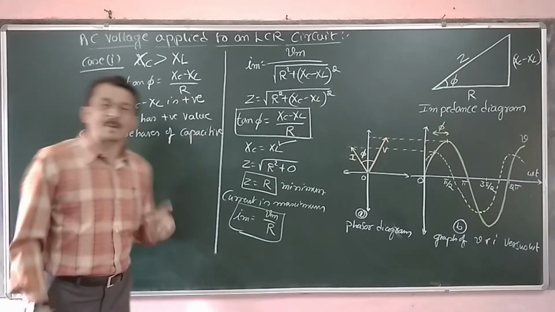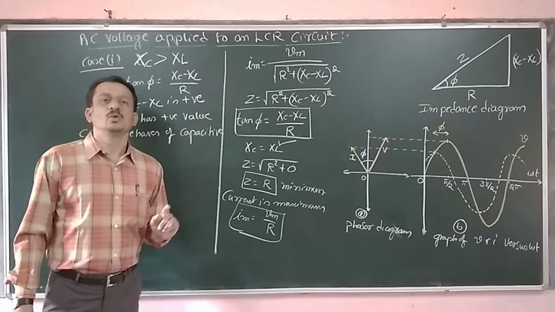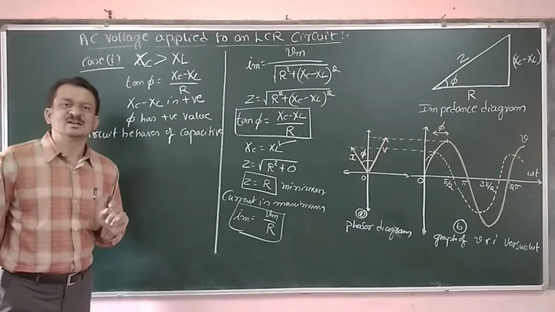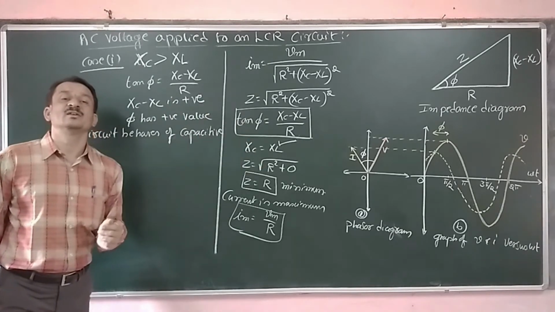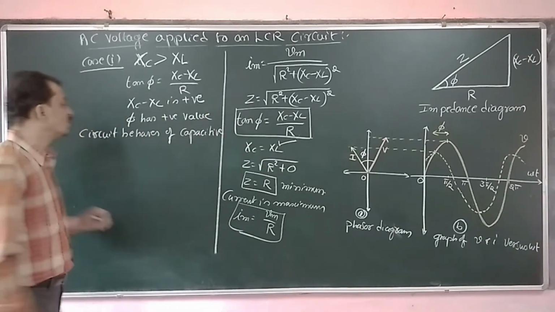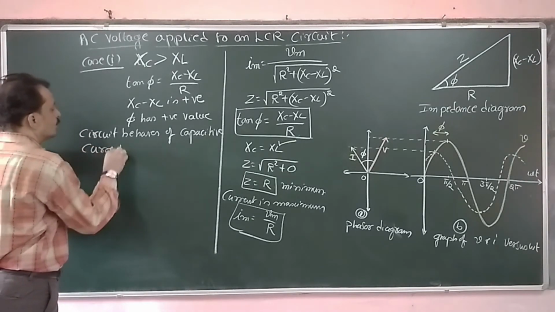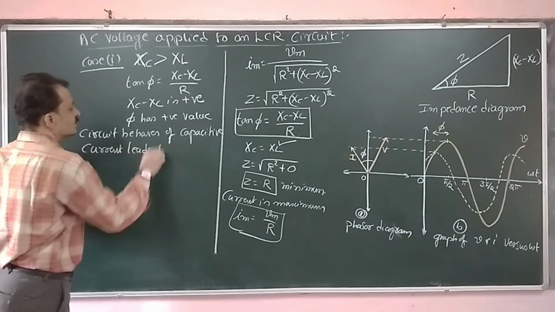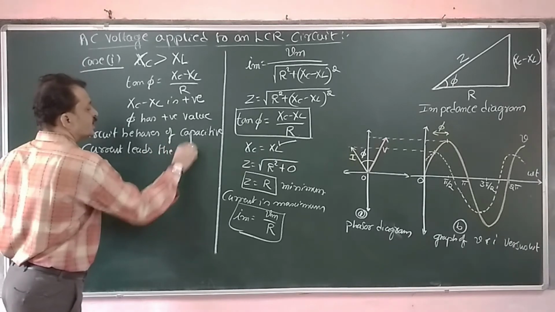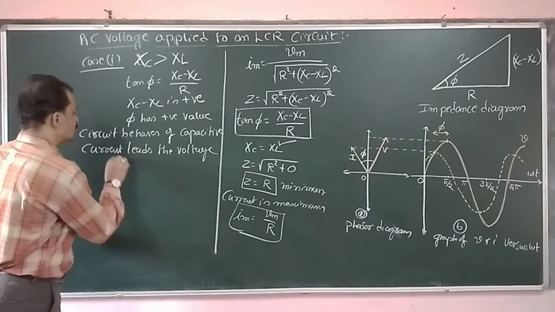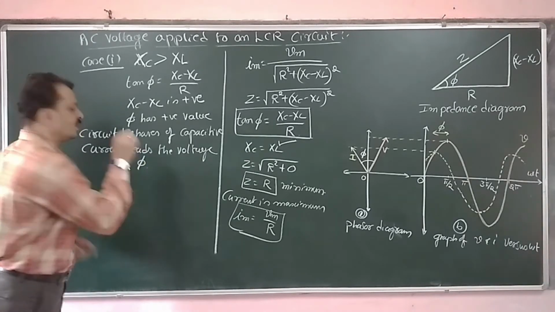Since it behaves as a capacitive circuit, who is leading, who is lagging? In the case of a capacitor, current is leading, voltage is lagging. Therefore, current leads the voltage by the phase angle phi.